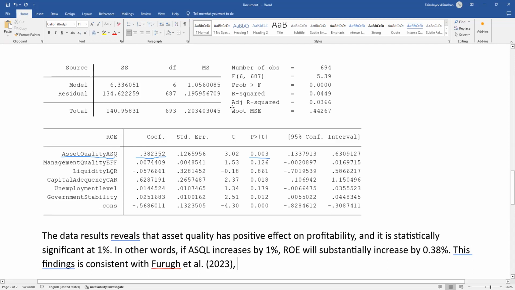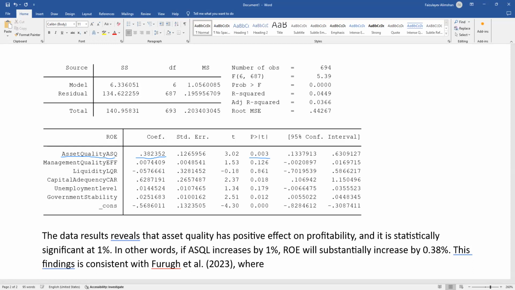The ideal, you have to select those variables that are already selected to show that your result is different or not. And it could be the case you have some variables which are not used before. Then you don't compare with anything else. However, this is not the end here. You have to give the justification why the asset quality has the positive relationship.